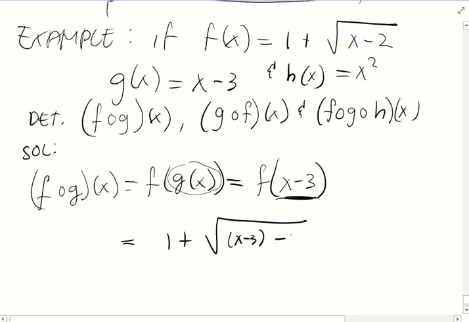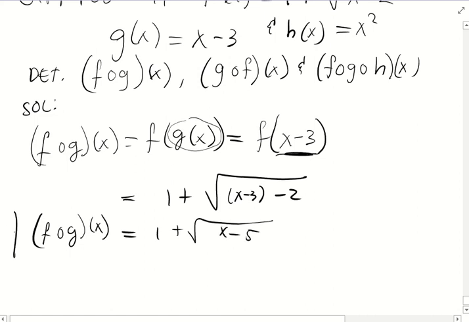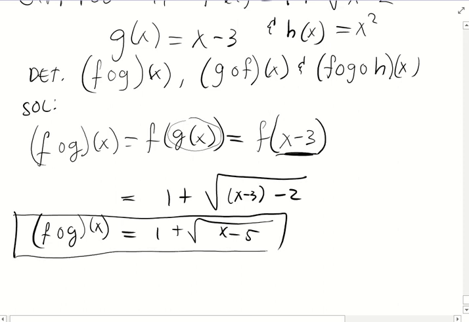Then you subtract it with 2. Then simplify it. Then we can now solve for f of g of x. So this will be equal to 1 plus the square root of x minus 5. So this will be the composition f composed of g of x.